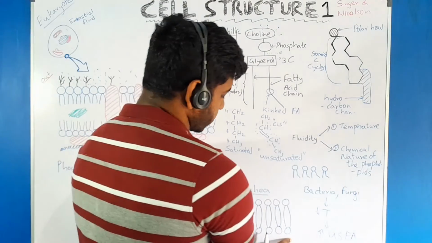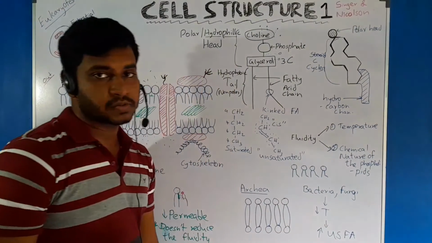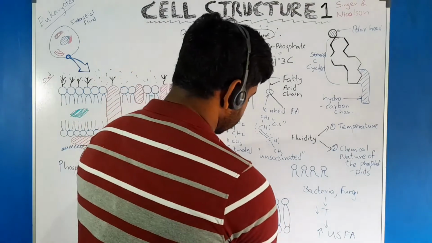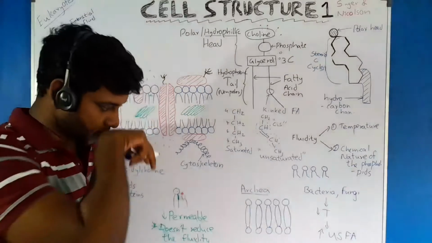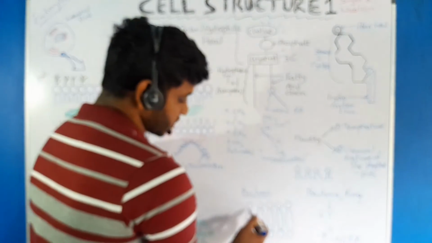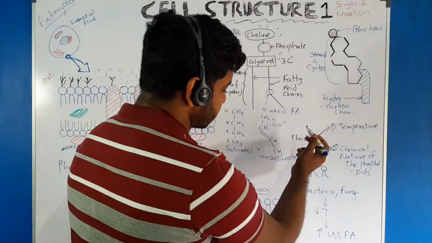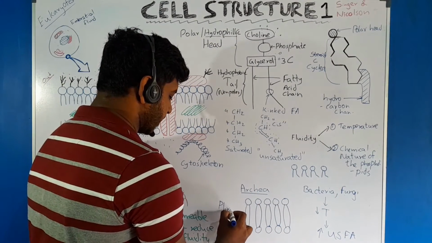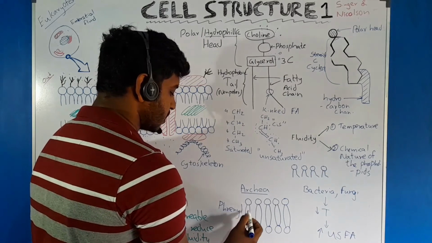If we come to the archaebacterial plasma membrane structure, here you can see the structure is slightly different because most of the time, instead of fatty acids, they contain prenyl molecules.